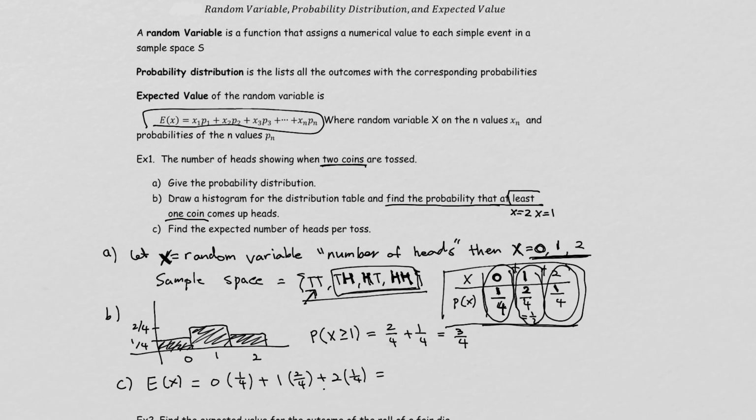The first term is going to be 0, so this is 2/4 plus 2/4, which gives you 4/4, or 1. So for this problem, you get an expected value of 1.